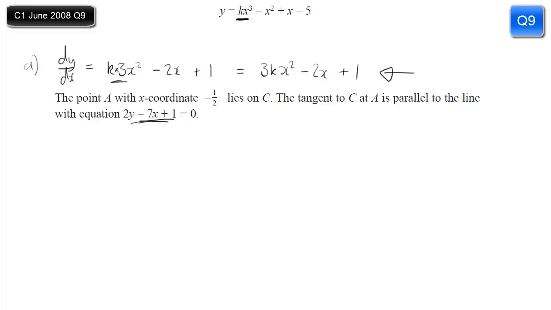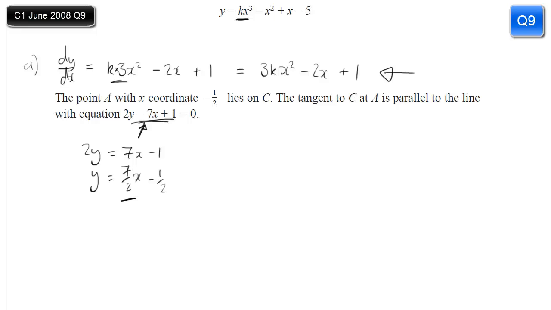So that's the link. So first we need to know what is the gradient of this line here, and to do that I'm going to just rearrange it. So first of all I can write 2y equals 7x minus 1, and then divided by 2, y equals 7 over 2 x minus a half. So the important thing in here is the 7 over 2.